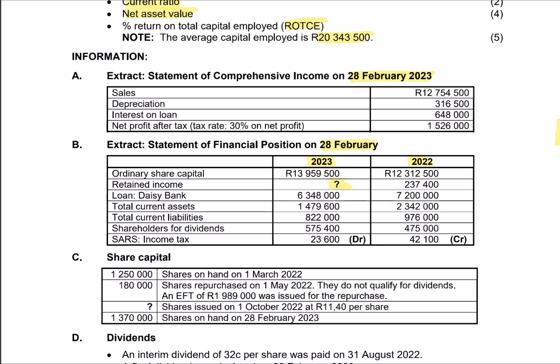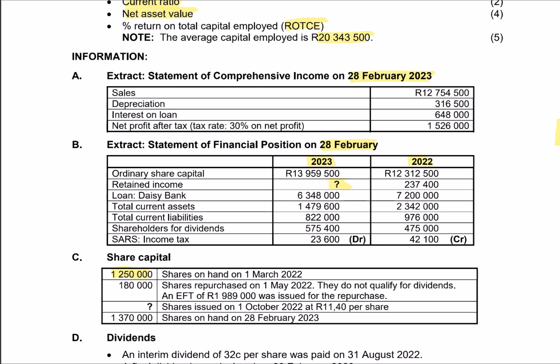Then share capital. 1,250,000 shares on hand on 1 March. These are the opening number of shares that were in issue. Then 180,000 shares repurchased on 1 May 2022. They do not qualify for dividends.